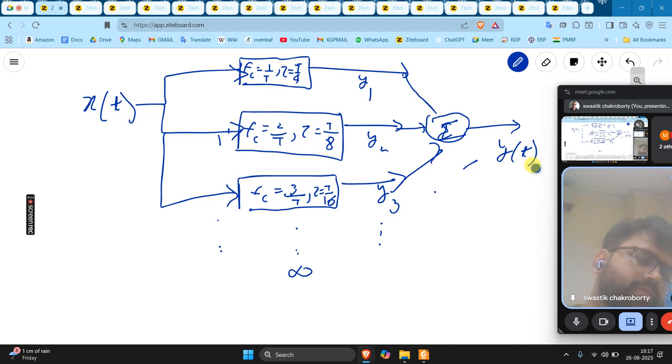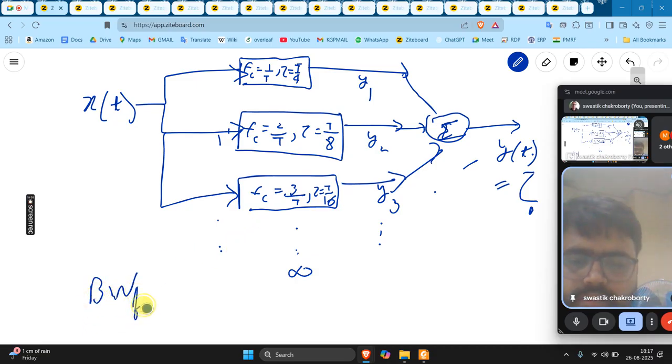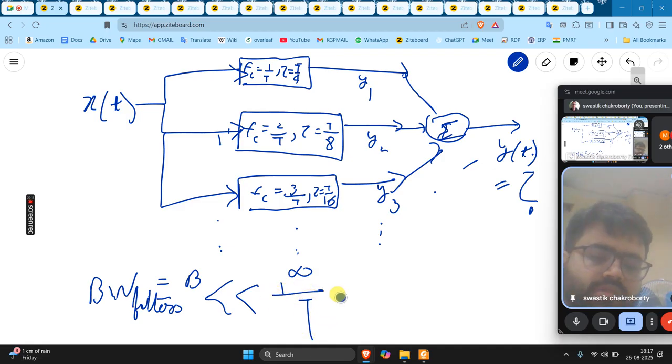We have to find y(t), in terms of x(t) and capital T. And another thing is given: each of the filters has bandwidth B, which is much less than 1/T, so it is much less than the center frequencies. So this is the problem. We have to find the value of y(t).